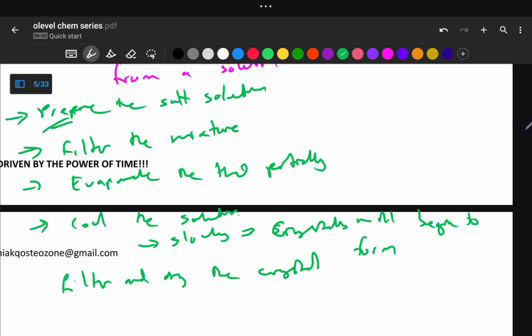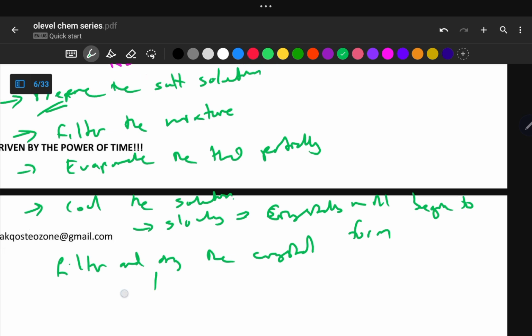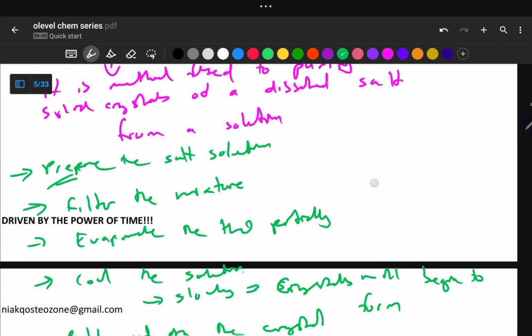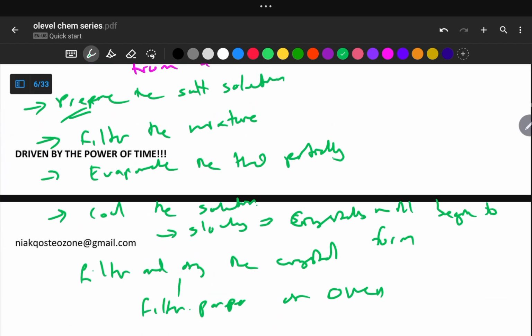We're going to filter and dry using a filter paper or using an oven, right? And we are done. So this is the method of crystallization. You should know these steps by heart.